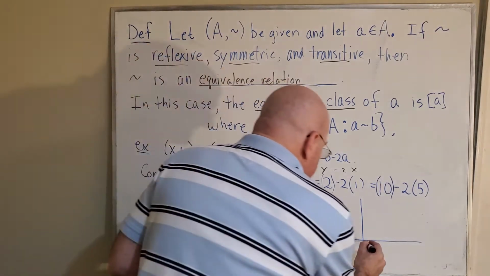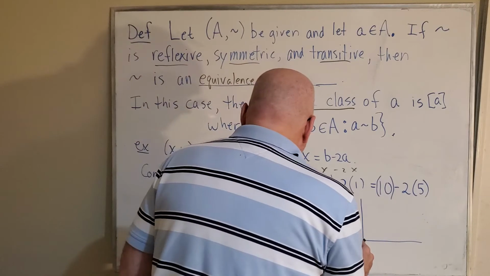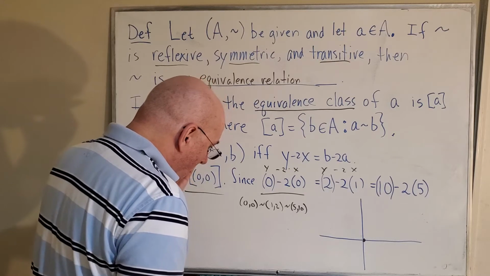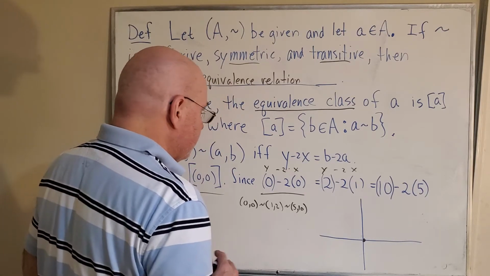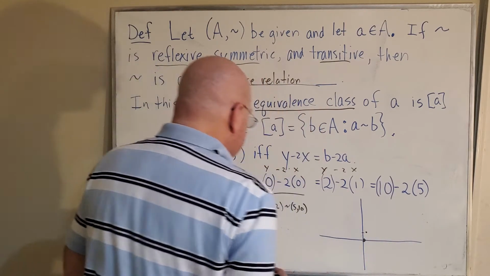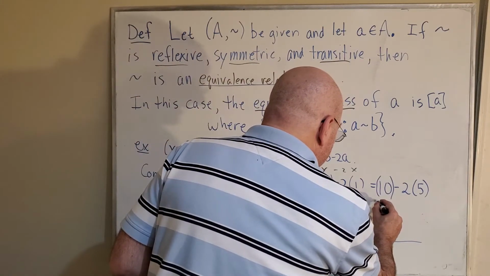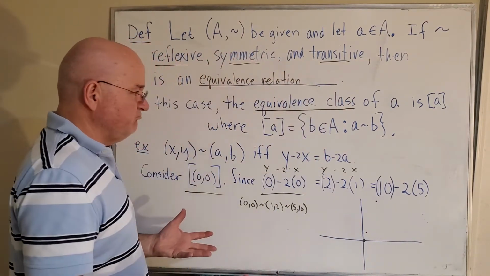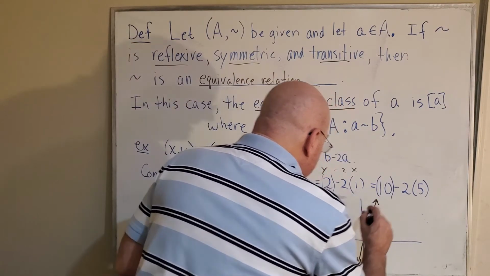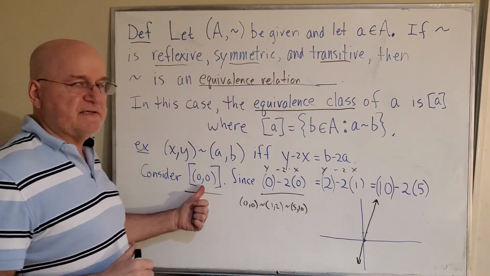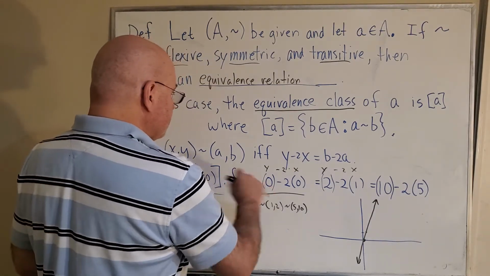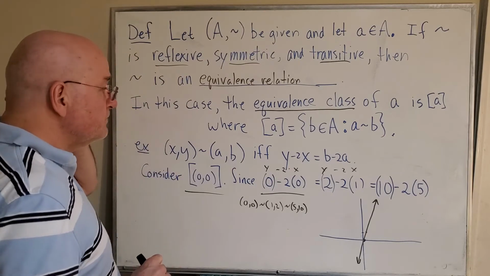So if we were to graph it, (0, 0), and then (1, 2), I'll draw really small here. (1, 2) we'll put right there. And then (5, 10) is going to be right about there. And if you notice, it's all linear. We could come up with an infinite number of points on this line. It happens to be the line that passes through the origin and has a slope that you might guess, 2.